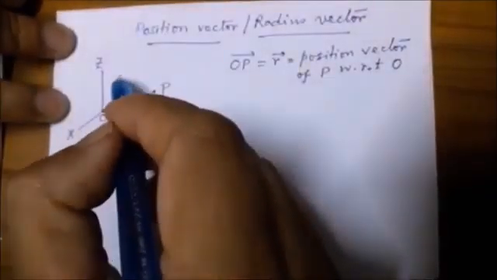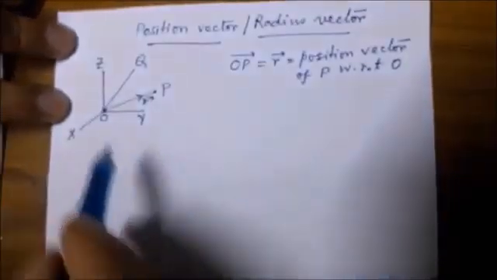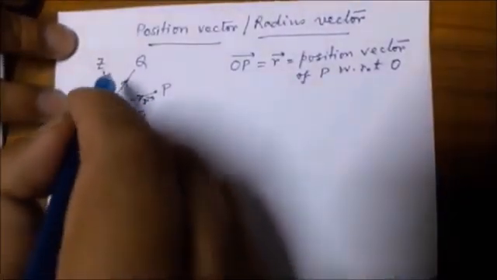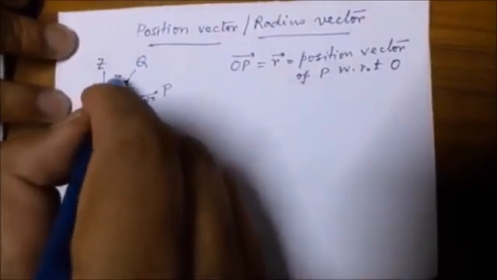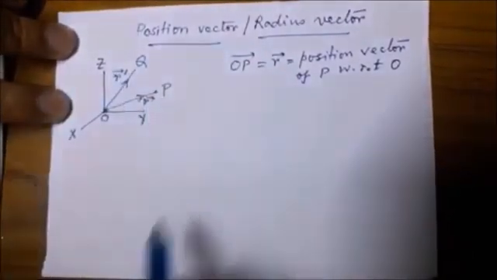Let us consider another point Q, and let us define this vector OQ as vector R prime.